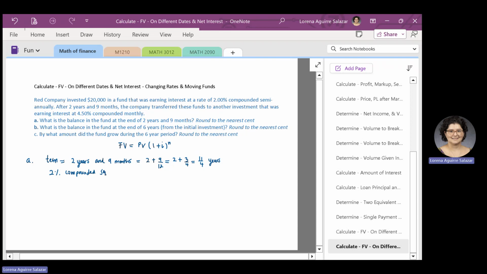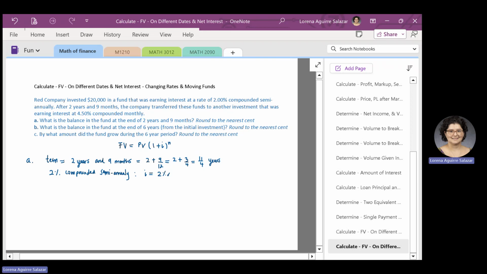That information tells us that the periodic interest rate, the i, during those 2 years and 9 months that the money was in that fund, is given by the 2% divided by 2.